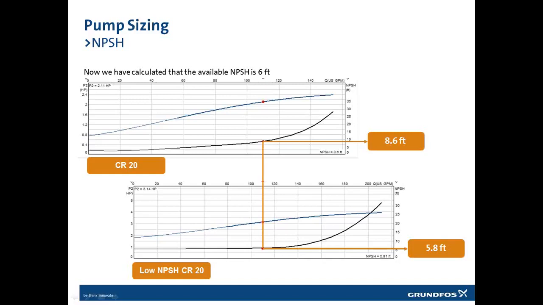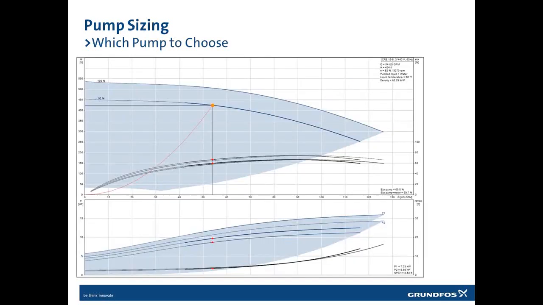Which pump to choose? I have sized my pump and figured out which one to use, and I go into Grundfos Product Center or WebCAPS or WinCAPS, whatever platform you have, to select your pumps.